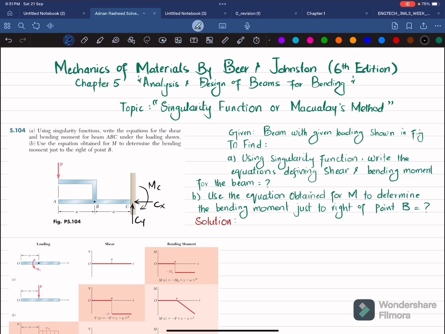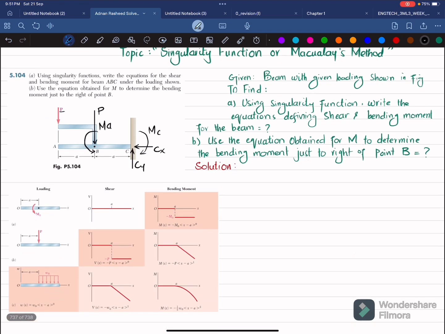So again, using a force couple system, if you move this point load P to the point B, you can transfer it to this point, but you can see there is a perpendicular distance which is A, and it is producing a moment which will be equal to PA in counterclockwise direction. So you will replace this with a moment that is equal to P multiplied by A.